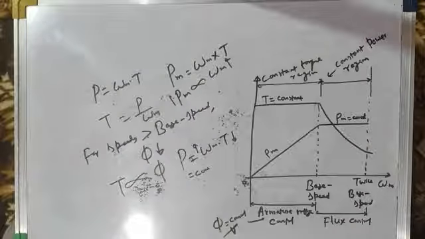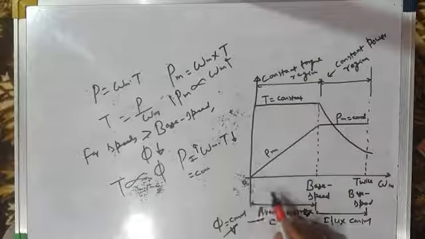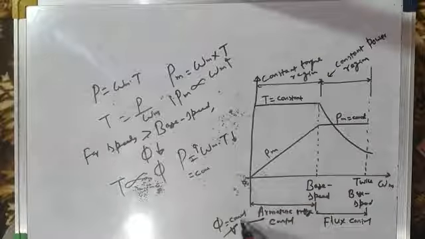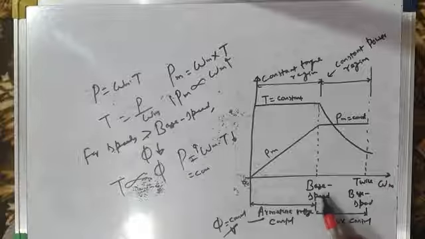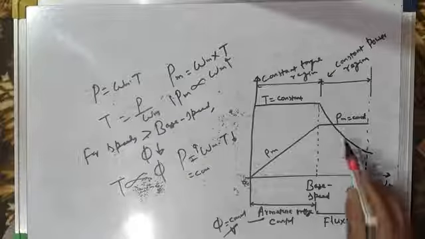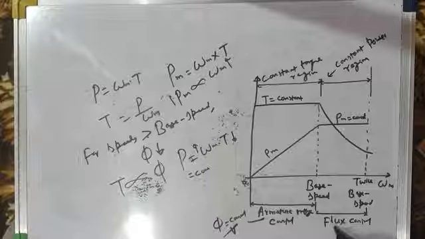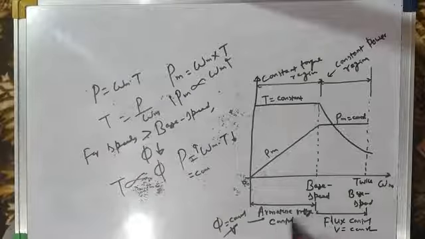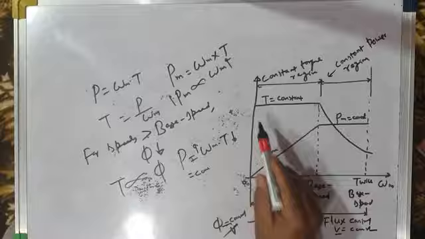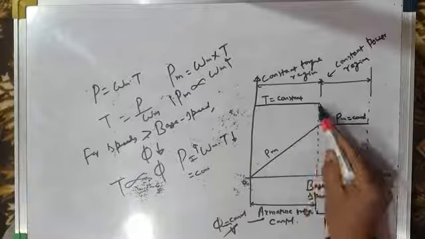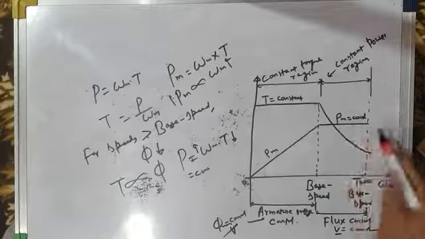For the armature voltage control method, when you achieve speeds from zero to base speed, flux has to be kept constant. And for speeds above base speed, use the flux control method. Here voltage has to be kept constant. So you get two regions, the constant torque operation region and the constant power operation region.